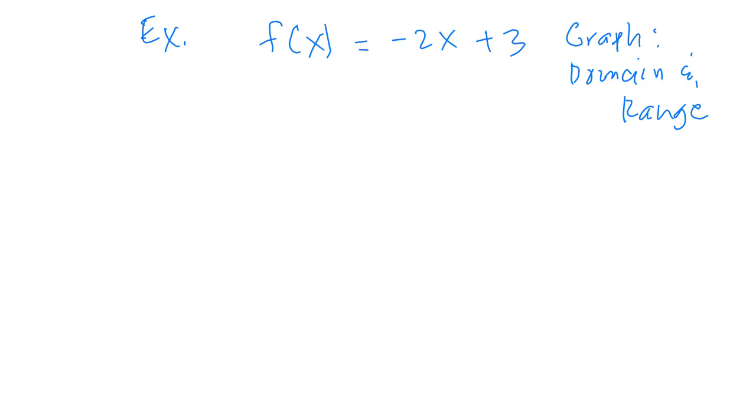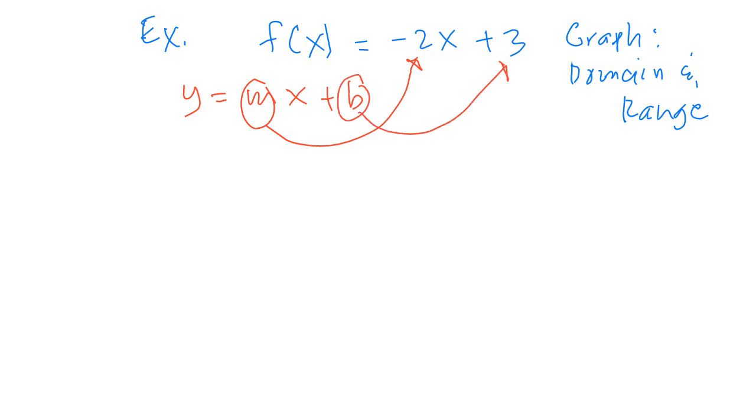So we learned from the last presentation the formula y is equal to mx plus b, where your m here is our negative 2, and our b here is the positive 3, which is the y-intercept.